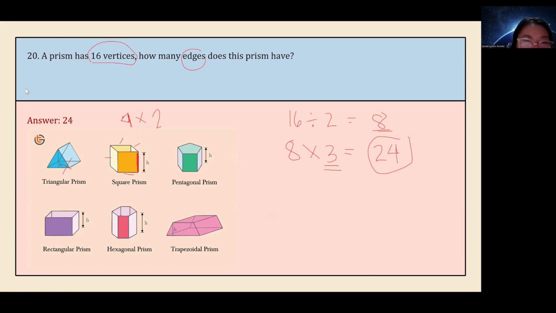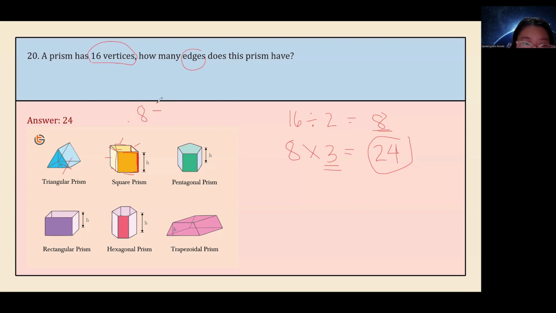If I move this one in a dimensional manner, you could see this would be 1, 2, 3, and then 1, 2, 3, 1, 2, 3, and 1, 2, 3. So 3, 6, 9, 12 edges. Solving that, first, diba? How many vertices for a square prism? 1, 2, 3, 4. 4 times 2 is 8.